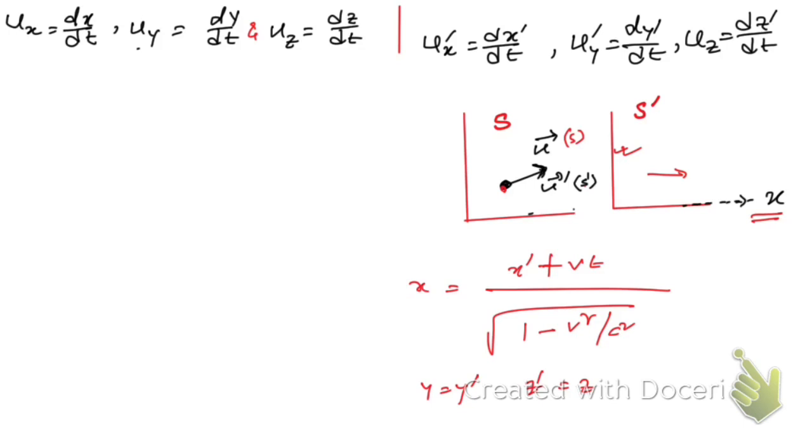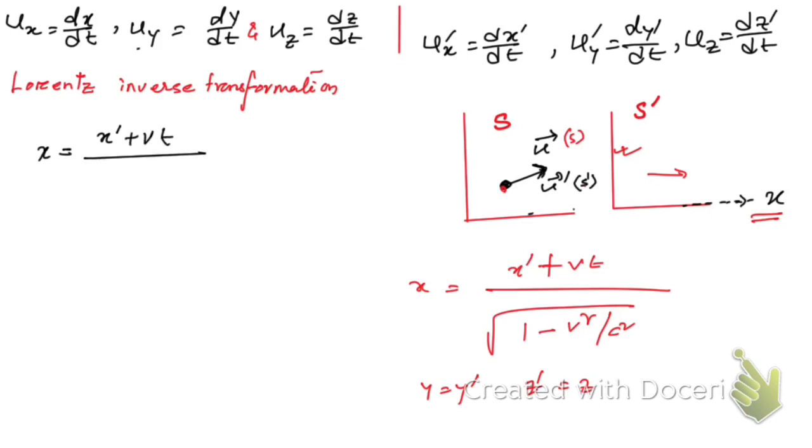So let me write here properly. According to the Lorentz inverse transformation, we can write x is equal to x dash plus v into t divided by root over 1 minus v square by c square, and y and y dash remain equal, and z and z dash remain equal, right?